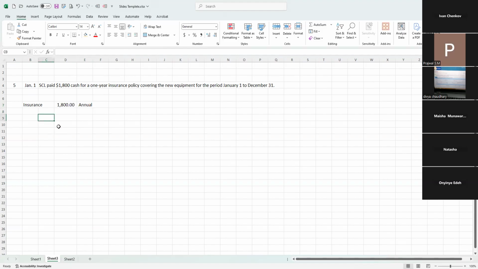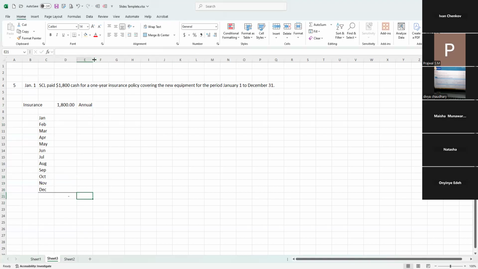That we're going to have January, February, and keep going until December. So at the end of December, how much should be the value of my insurance? 0. That means I used it, correct? Yes, I used the entire insurance.